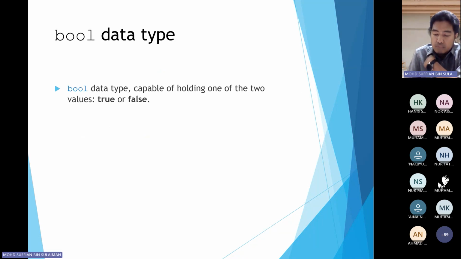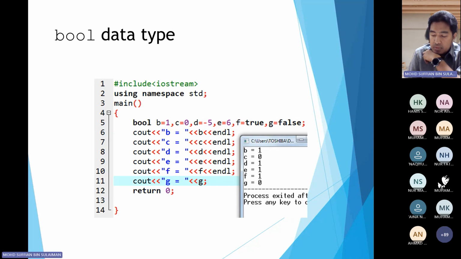And next we have bool data type, boolean. Bool data type is capable of holding one of two values only, either true or false, 1 or 0. Look at this example. Let's say this is your data type, and then your variable b stores the value 1, c stores 0, d -5, e 6, f true, g false.